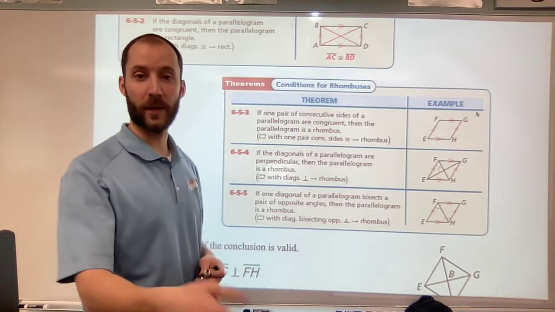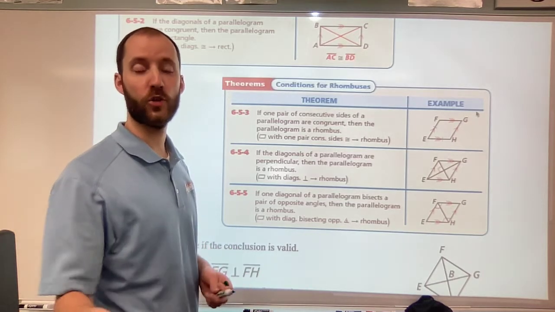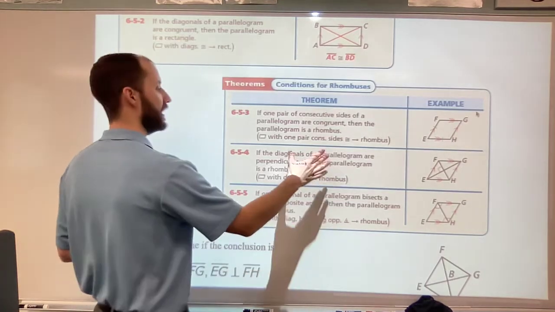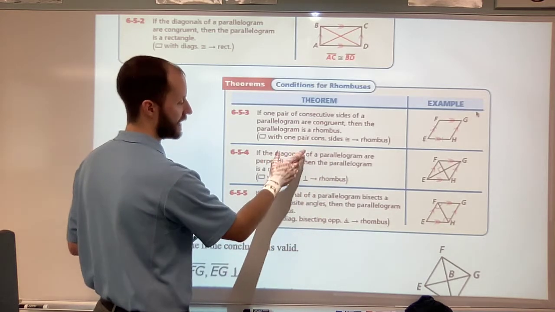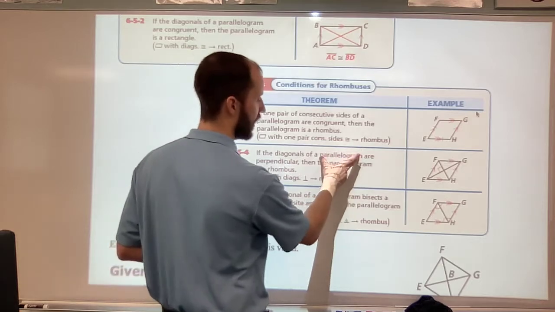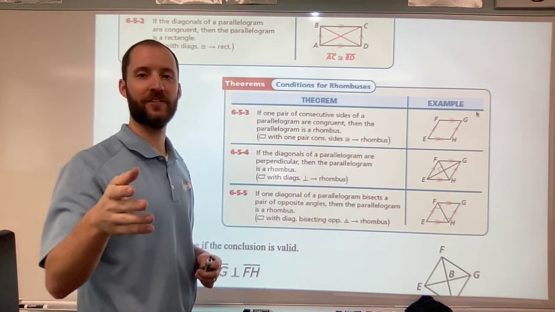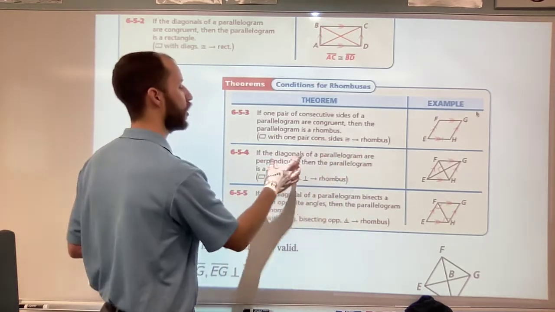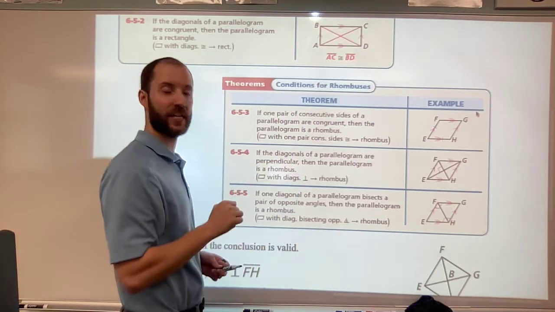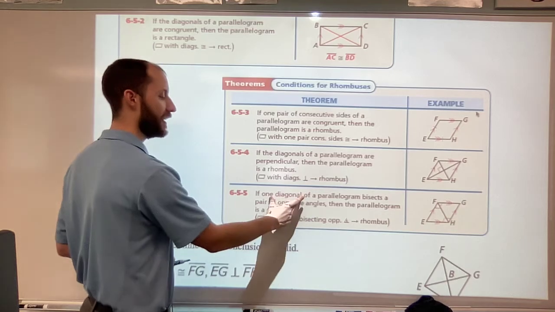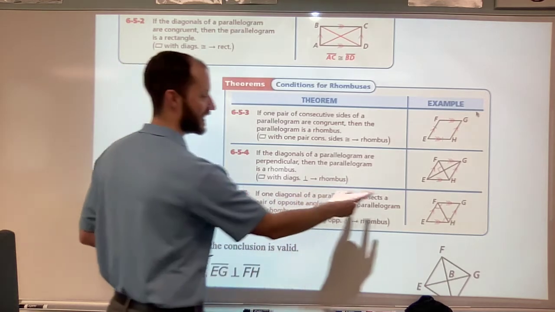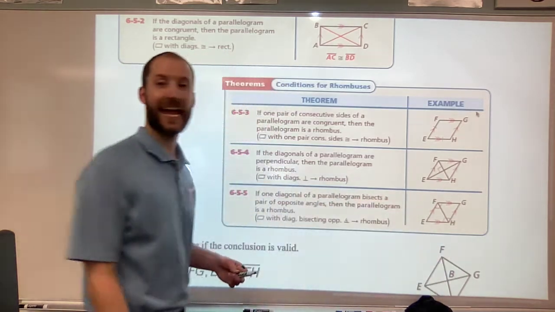Another bare minimum threshold you could reach is if the diagonals are perpendicular. So the diagonals of a parallelogram, so it's already a parallelogram, are those diagonals perpendicular? Or if only one diagonal bisects a pair of opposite angles.